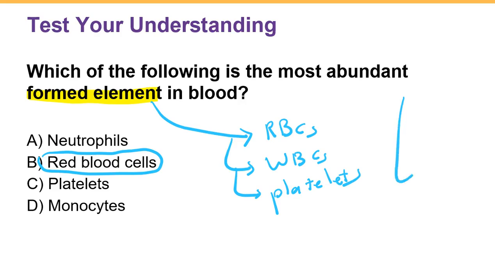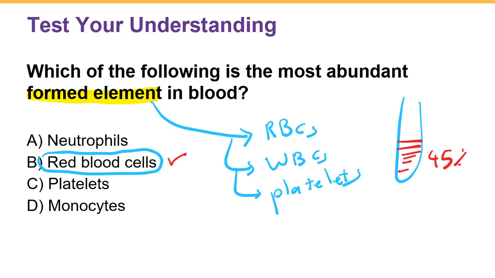Just remember that after centrifugation, we got 45% RBCs and only 1% white blood cells and platelets. That's the reason if we are asking most abundant formed elements, the answer would be red blood cells.